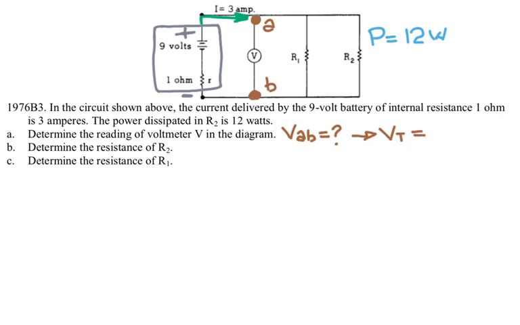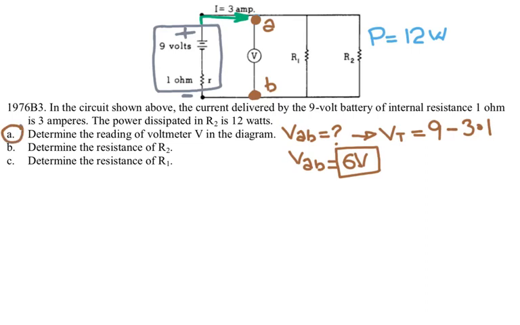So 9 volts is the voltage of the battery without the internal resistance, but some is dropped, and the voltage dropped is I times R, where I is 3 and R is 1. So the voltage reading between A and B is going to be 6 volts. That was my A.